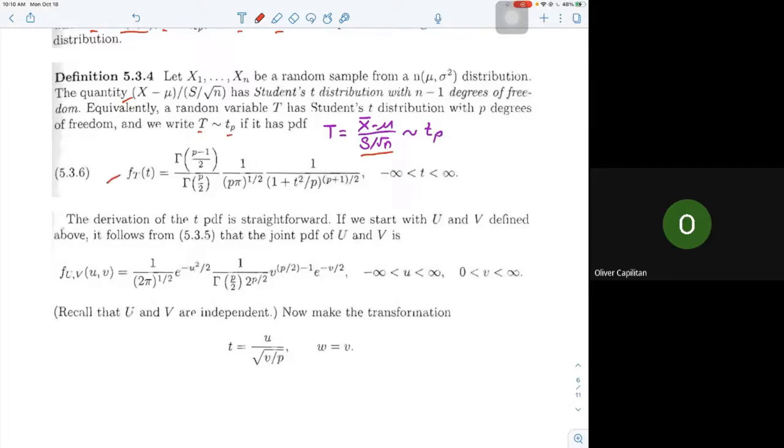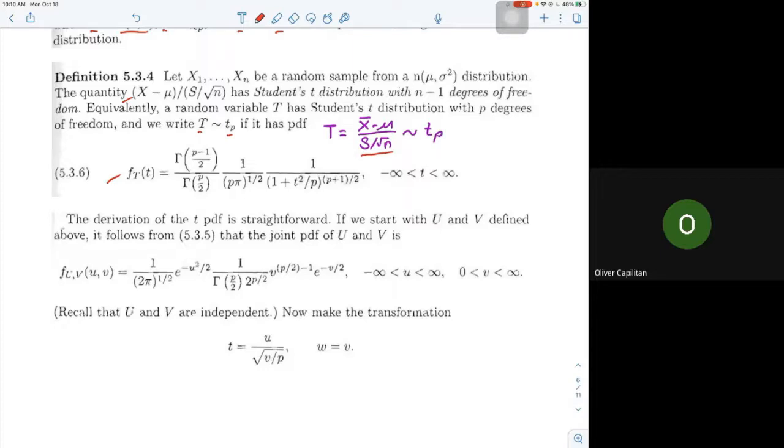It says here that the derivation of the t PDF is straightforward. If we start with u and v defined above, we have the joint PDF of u and v. Before that, we first find the joint PDF of the original random variables, u and v.